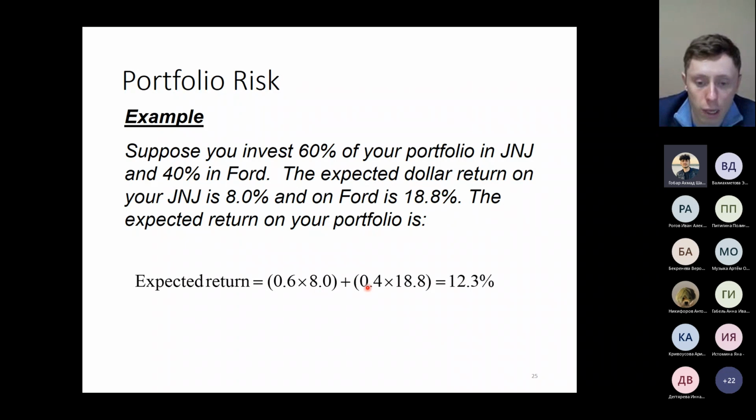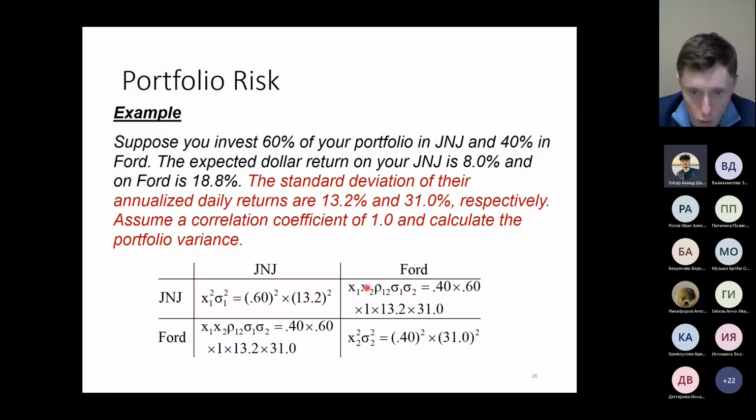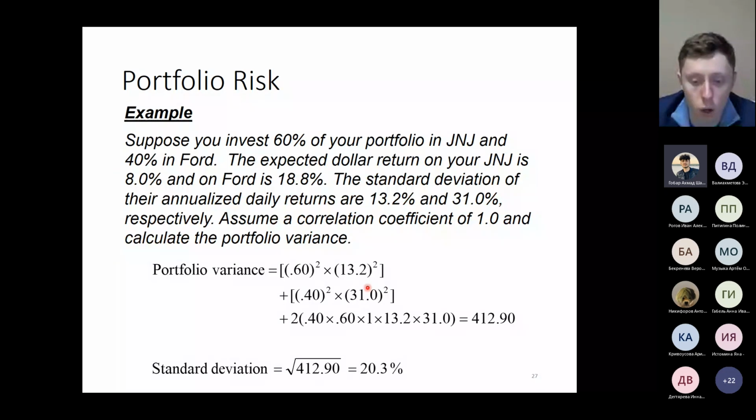With the same formula, we can estimate the standard deviation only for the case of the perfect correlation. In other words, in the case of the perfect correlation, we have no effect of diversification. It means that the risk won't be reduced.